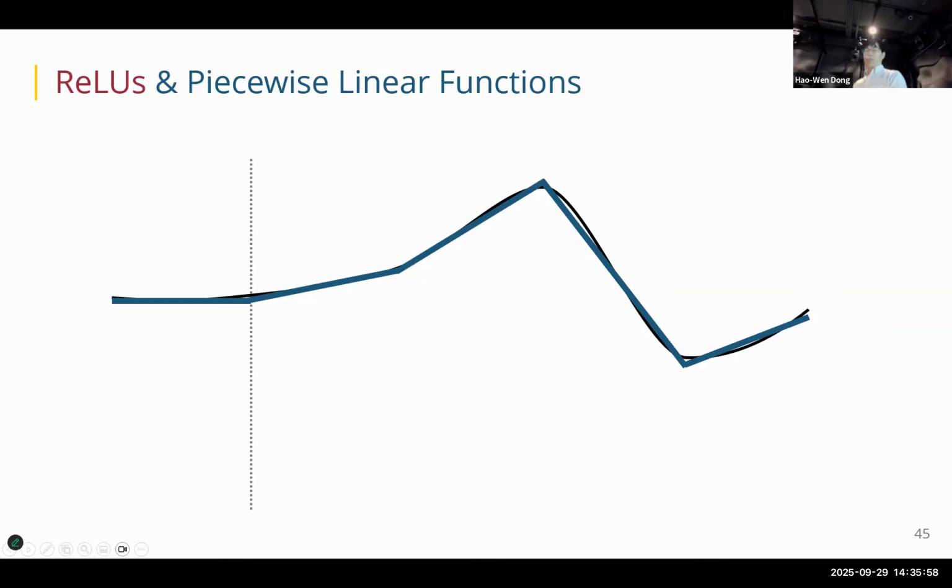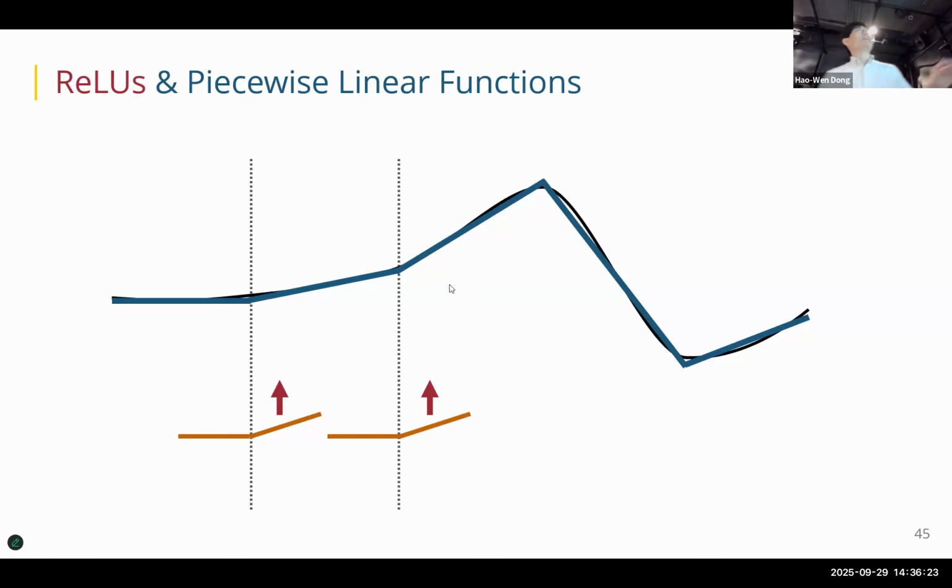So what the ReLUs want to do is that, look at this figure. At first, everything is 0. And now we want to turn it a little bit up, so that we use this ReLU function to approximate the first part of this function. And now you can go to the second turning point. Now you can use another ReLU to move it a little bit higher.